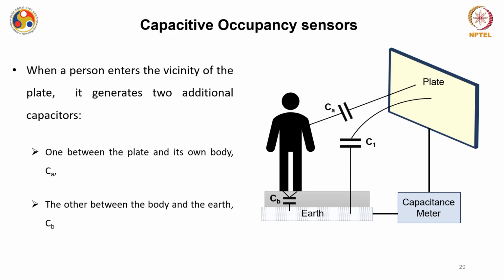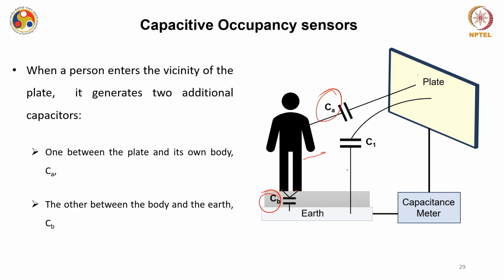Now when a person enters the vicinity of the plate, coming near to it, it generates one capacitance with this plate, which I am calling Ca. However, it is also generating another capacitance with earth itself, Cb, established between the body and the earth.